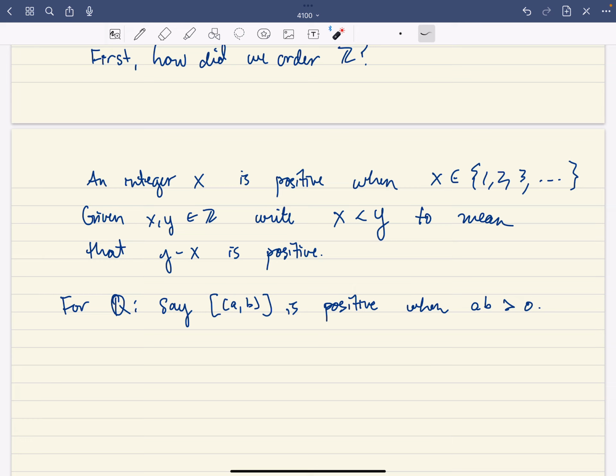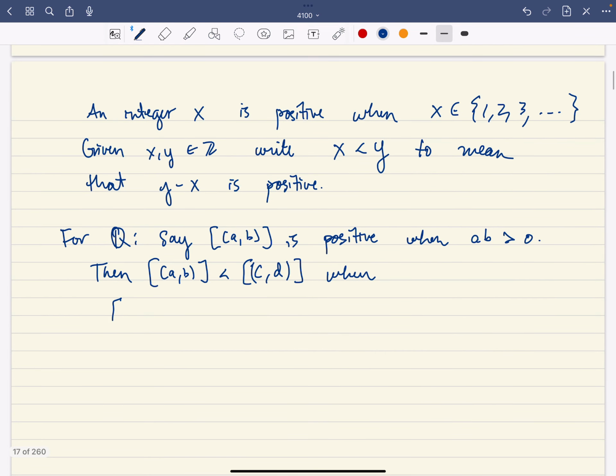Then the ordering that we'll put on the rationals: we'll say that (A, B) is less than (C, D) when the difference (C, D) minus (A, B) is positive.